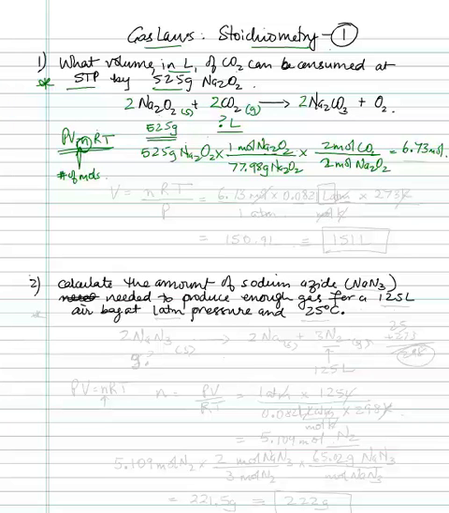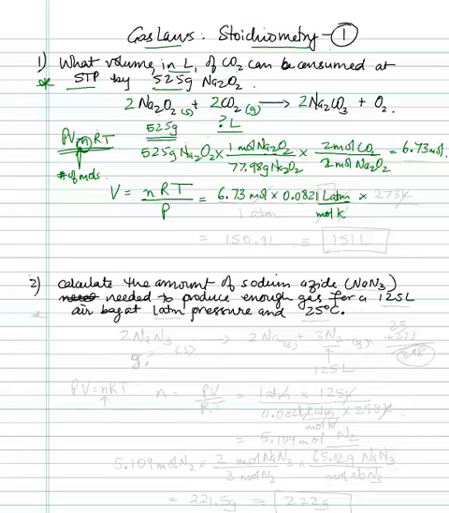So PV equals nRT. We are calculating for V, which means that nRT over P is going to be our setup. Now n is 6.73 moles. R is 0.0821 liters atmosphere per mole Kelvin.